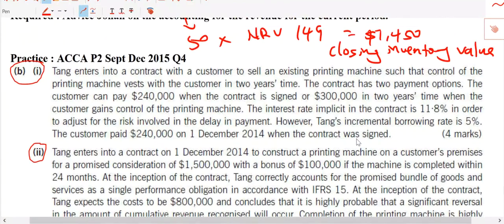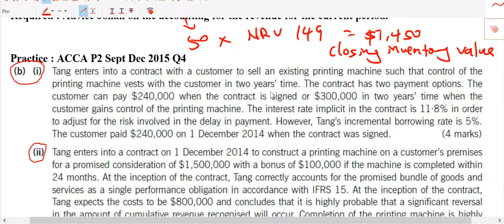So we look at B1, which I will discuss and give you the answer at the same time. 4 marks. The company entered into a contract with the customer to sell an existing printing machine such that control of the printing machine rests with the customer in 2 years' time.